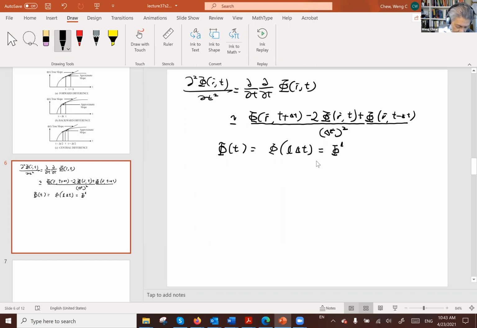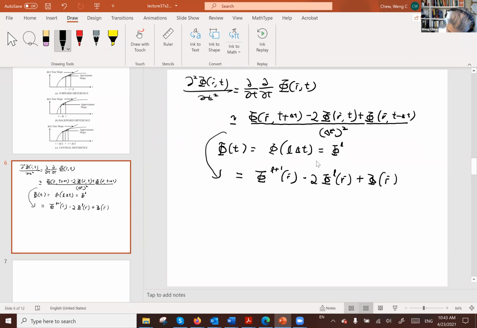Okay, so if I use this notation, then this can be written as phi L plus 1 R, where L plus 1 means I'm at the forward time step, minus 2 phi L, which is the present time step, plus phi R L minus 1 at the previous time step, divided by delta t squared.